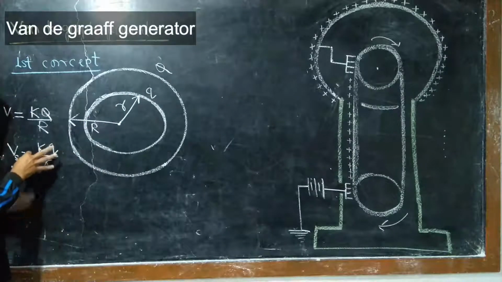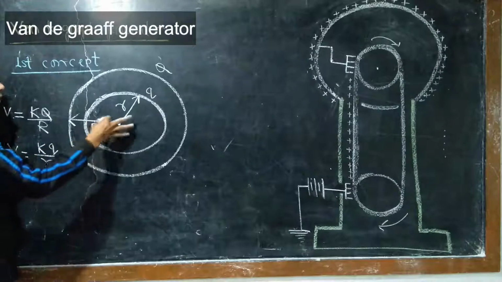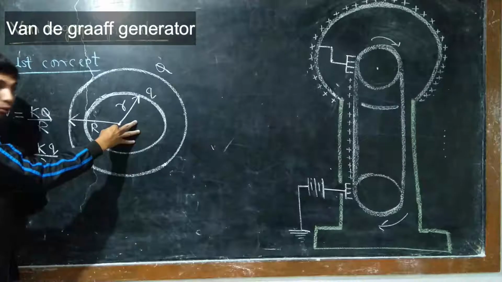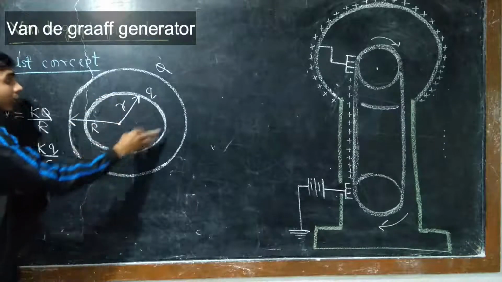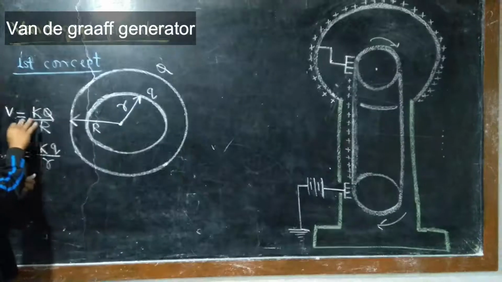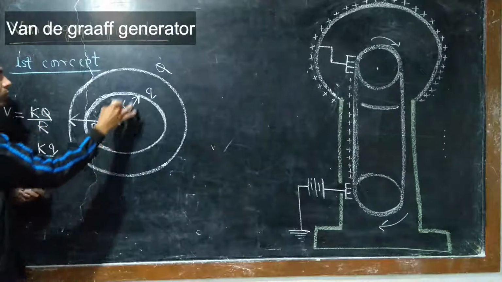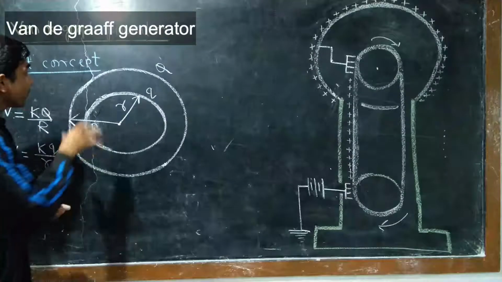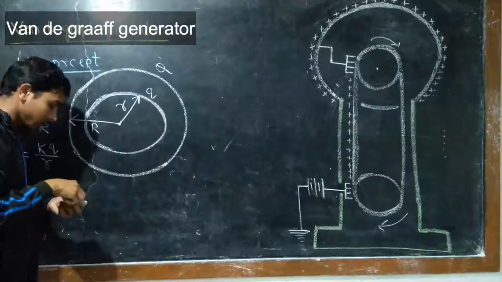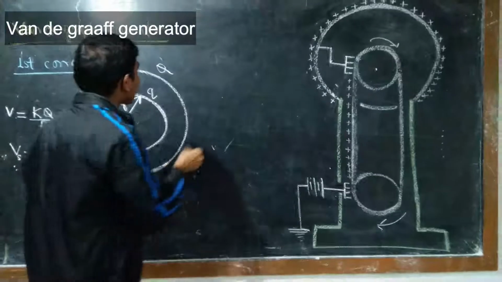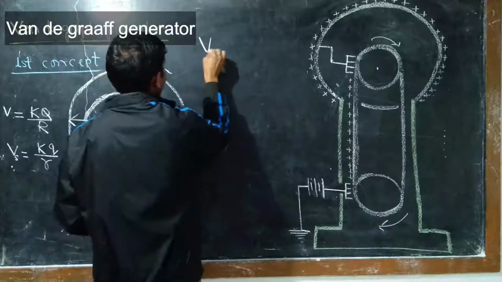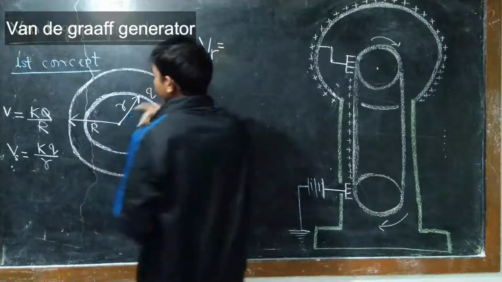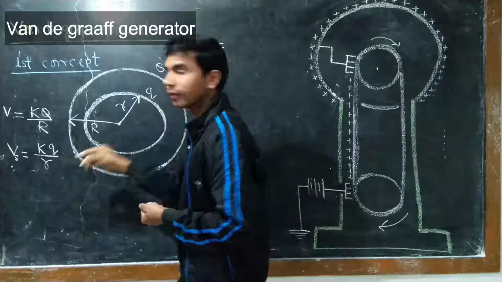So see, this much potential on the smaller one is due to the charge on its own surface, right? And this much potential on the smaller one is due to the charge on the bigger surface, right? So the total potential on the smaller one is this plus this.